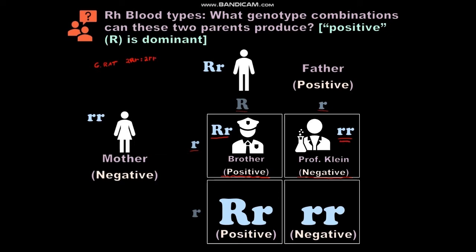That's this one and this one here. For the phenotypic ratio, we have 2 positives to 2 negatives here. Now with ratios, you always reduce to the smallest terms, so both of these would become a 1-to-1 ratio, because 2 and 2 are both divisible by 2, so you get 1-to-1 at the end.